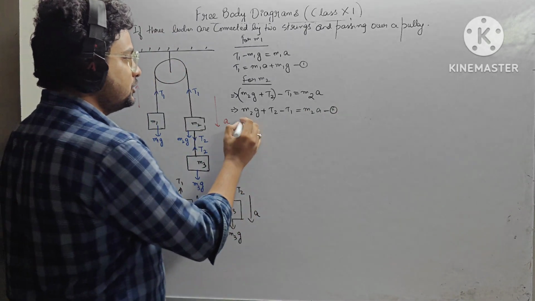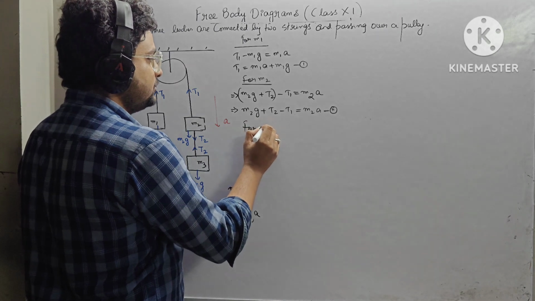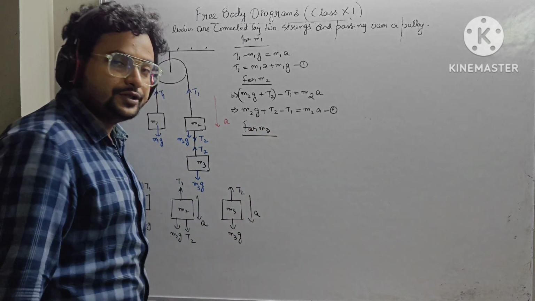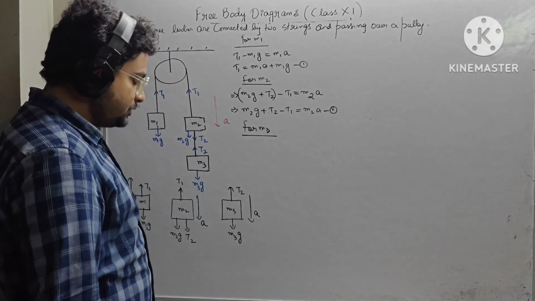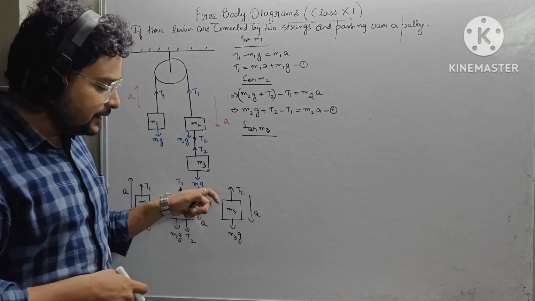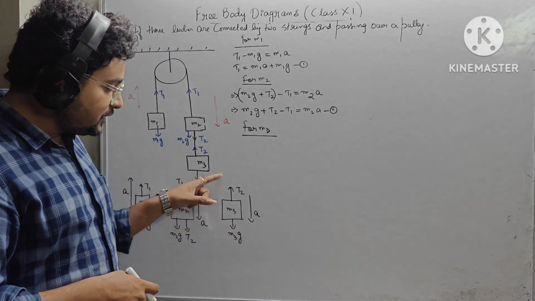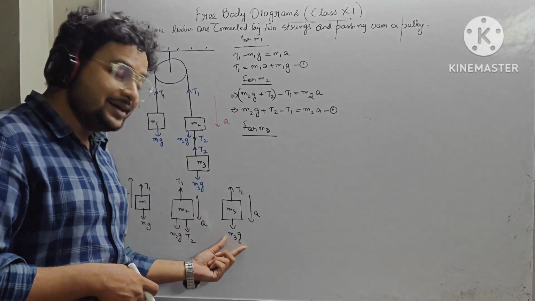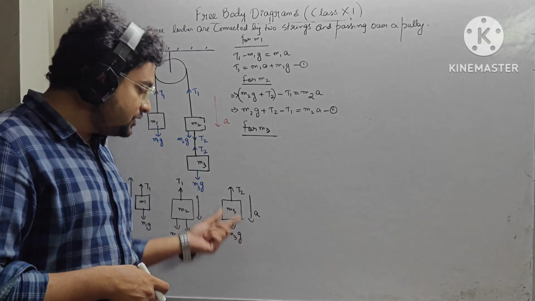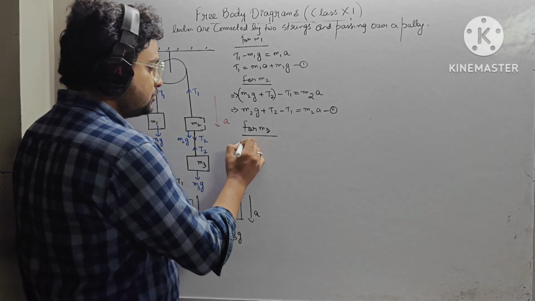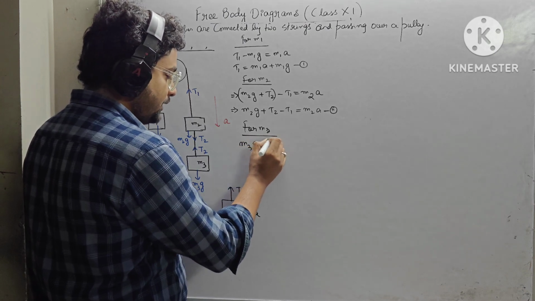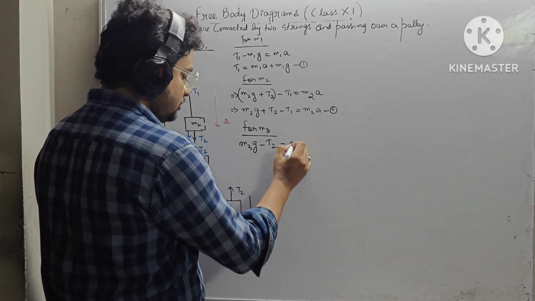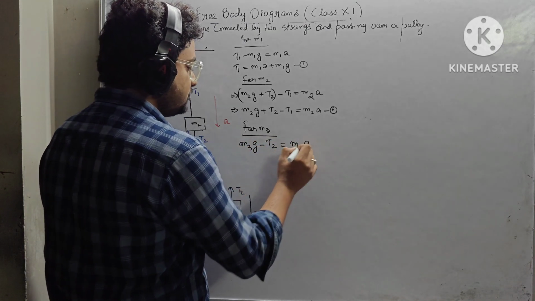Let us take the third body, M3. Now for M3 you see, again this body is going down. So the resultant force will be M3G minus T2 because it is going down. So M3G is greater. So M3G minus T2 will be equal to mass into acceleration.